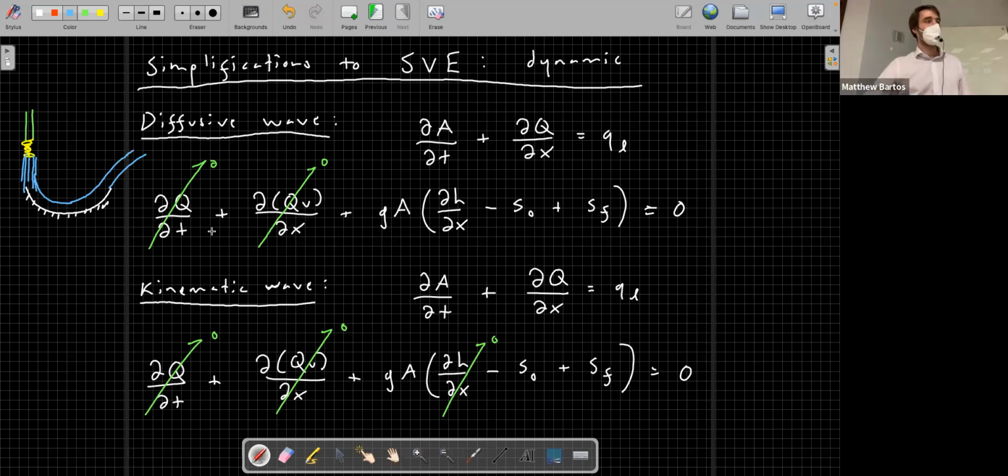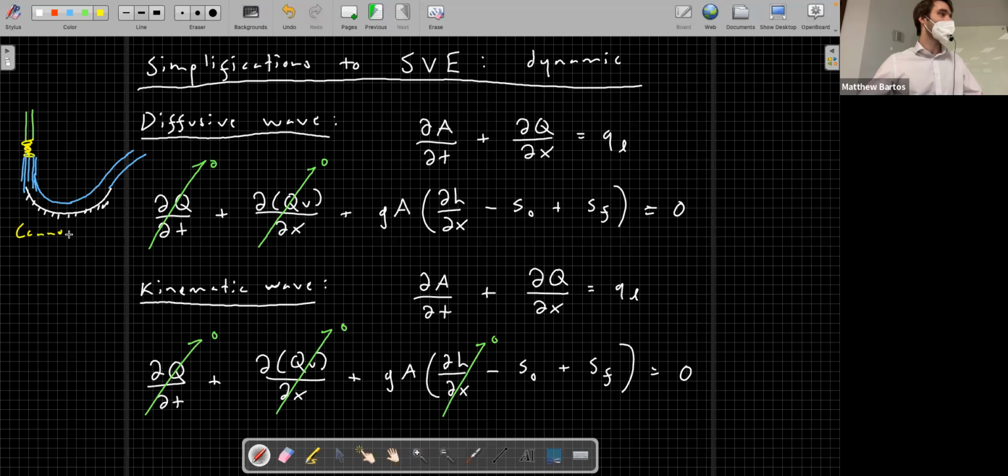If we remove these terms, we won't be able to represent very fast moving flows of this type where the inertial component matters a lot, okay? So for real world open channel systems where you're looking at floods, inertia very rarely actually matters. The momentum of the flow itself very rarely matters, which is why often diffusive wave or kinematic wave are used in that context. So I'll just finish my thought here.